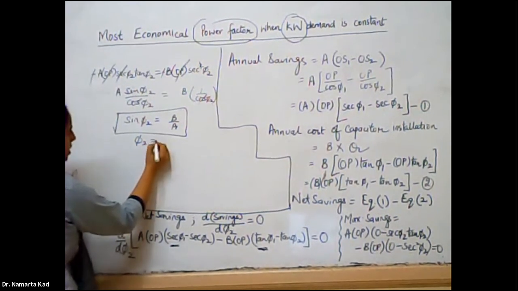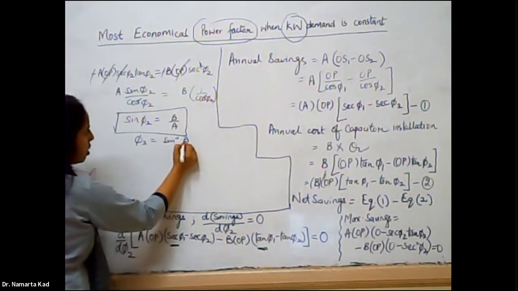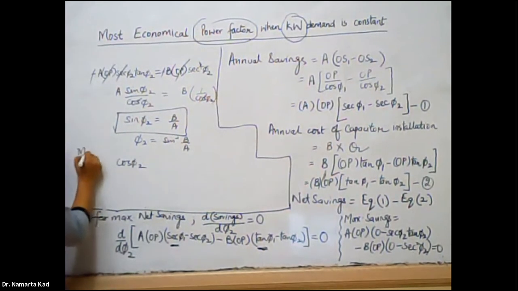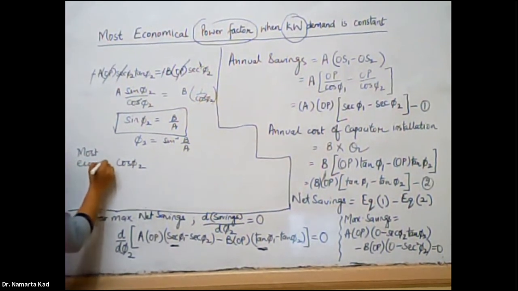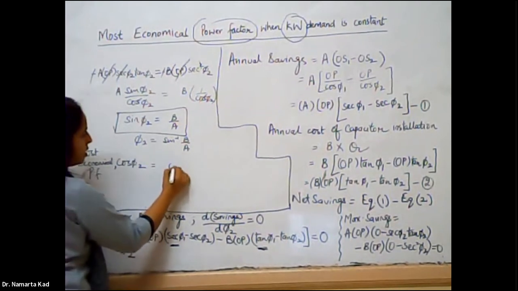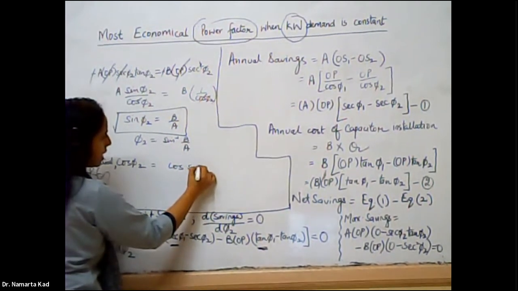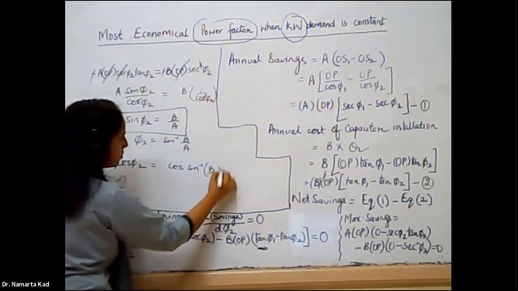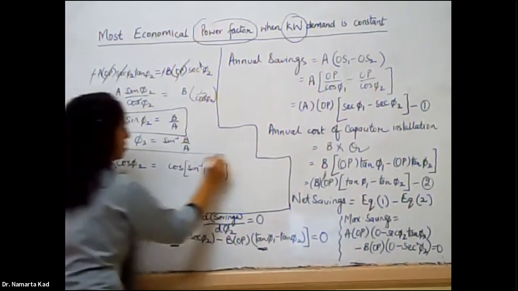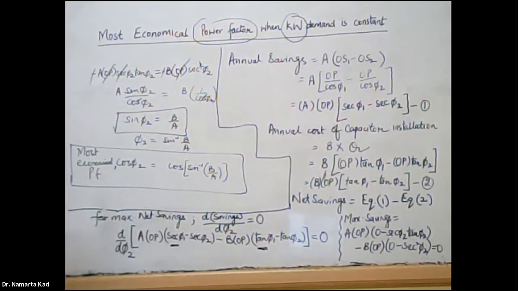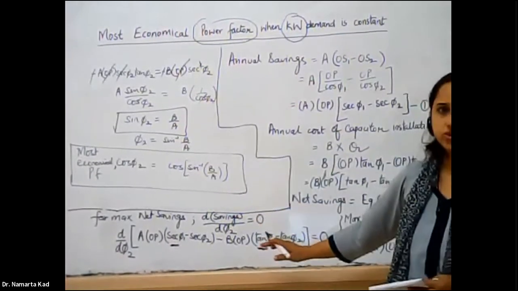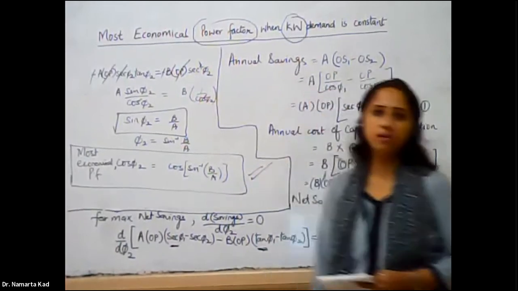Firstly, phi 2 is equal to sine inverse of B by A. Therefore, cos of phi 2, that is the most economical power factor, comes out to be cos of sine inverse of B by A. So this is the most economical power factor when kW demand is constant, when I am not going to change the active power.